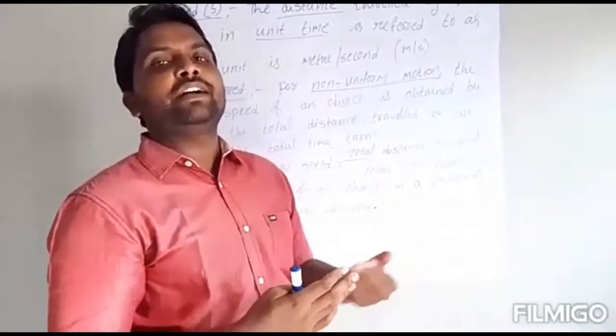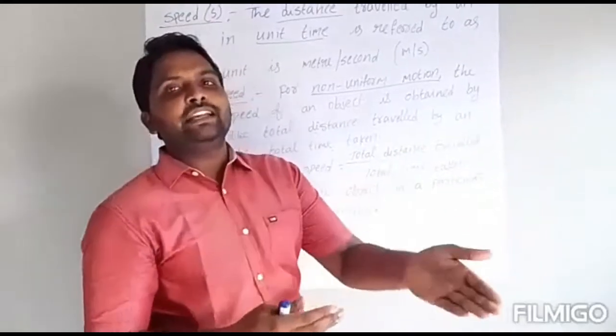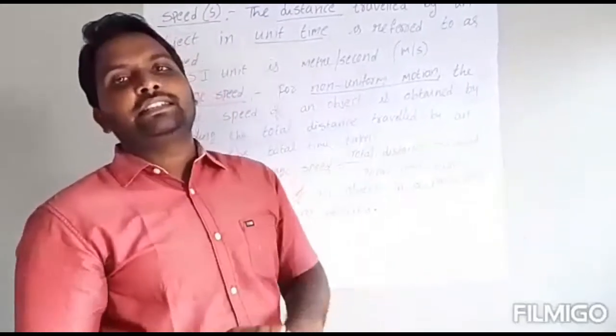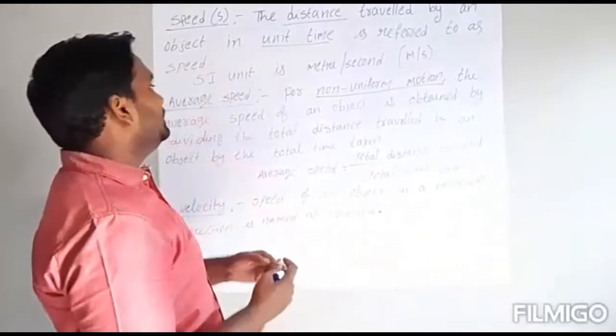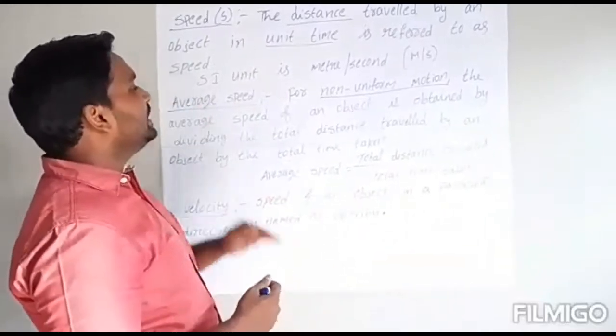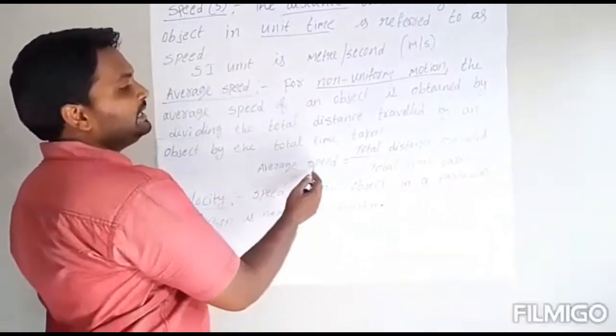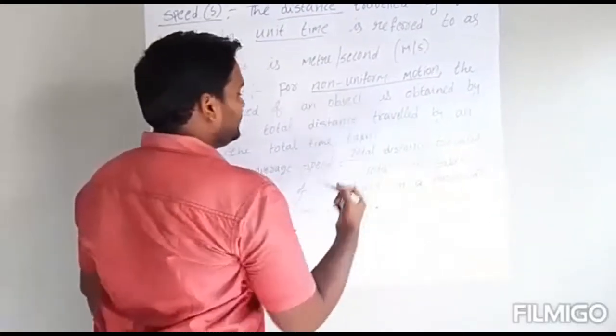So easily you can say what the speed of the car is: 5 kilometers in 5 minutes. But here you can't say, as different distances are there: 5 kilometers, 10 kilometers, 20 kilometers. So in that case, in non-uniform motion, we should consider average speed. Average speed is equal to total distance traveled divided by total time taken.